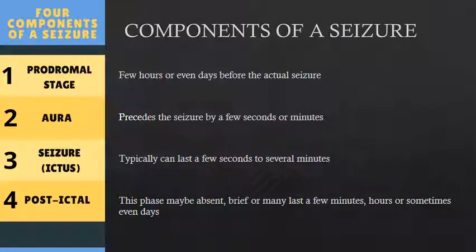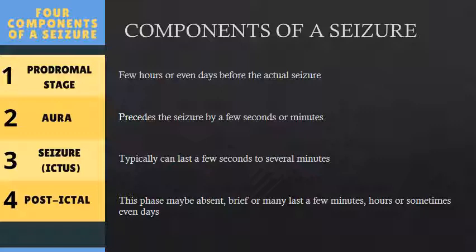Components of a seizure. As you see on the left, there are 4 components of a seizure. First is the prodromal phase, which can occur for a few hours or even days before the actual seizure. Second is the aura, which typically precedes the seizure by a few seconds or minutes.